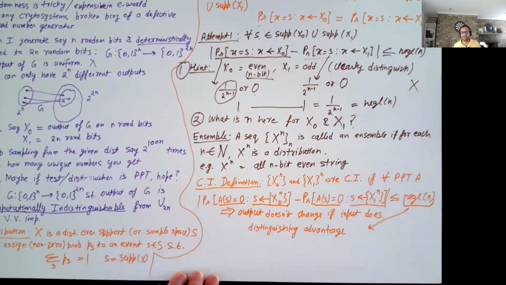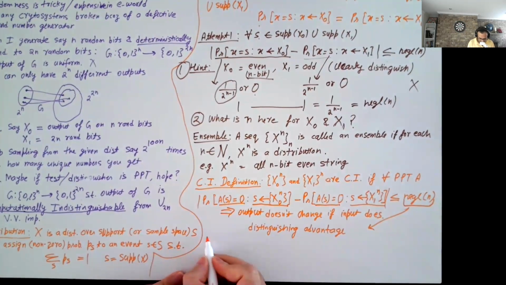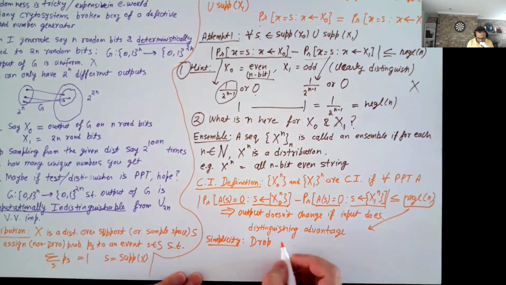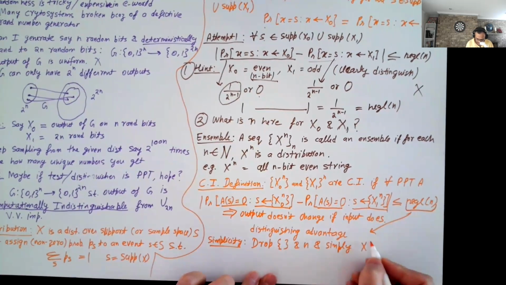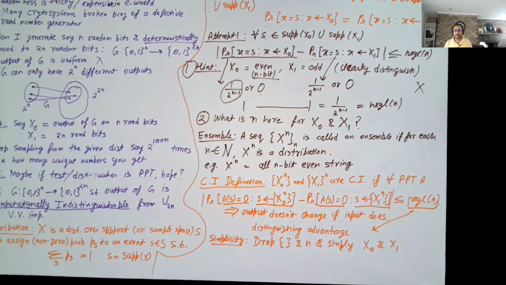If the distinguishing advantage is negligible, we call the two distributions computationally indistinguishable. And by the way, for simplicity, we will drop the curly brackets and n, and simply use X0 and X1, and we will implicitly keep in mind that these are distribution ensembles rather than just a single distribution.